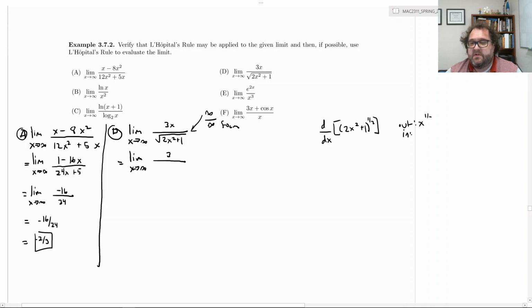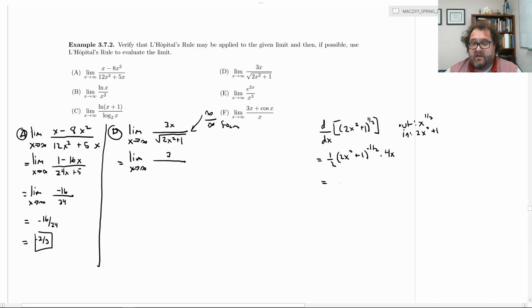The outside function's x to the 1/2, the inside function's 2x squared plus 1. And the chain rule says you take the derivative of the outside function, so 1/2 times something to the negative 1/2 power. Then we evaluate that at the inside function, 2x squared plus 1. And then we multiply by the derivative of the inside function, which is 4x.